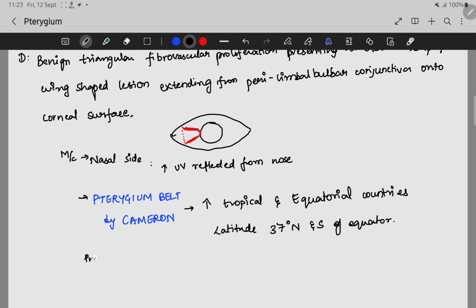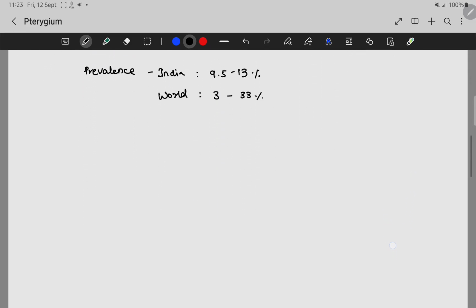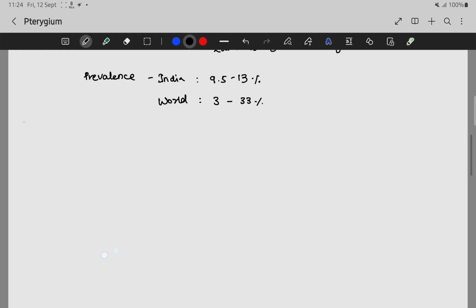The prevalence in India is almost 9.5 to 13%, and in the world it ranges from 3 to 33%. So this is regarding the prevalence.